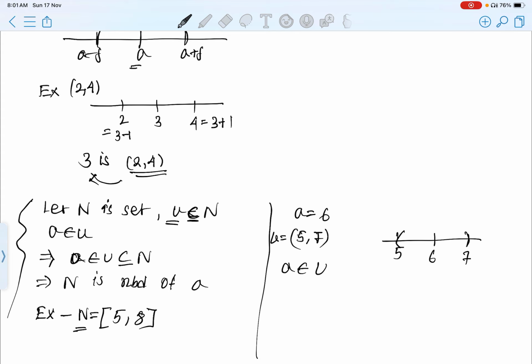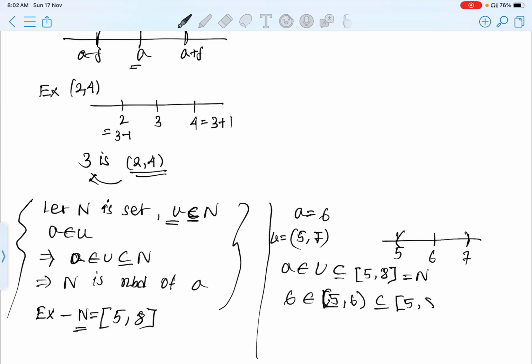And also we see that this is a subset of (5, 8), which is equal to N. That means using these definitions, 6 belongs to U, meaning the open interval (5, 7), which is a subset of the closed interval [5, 8].